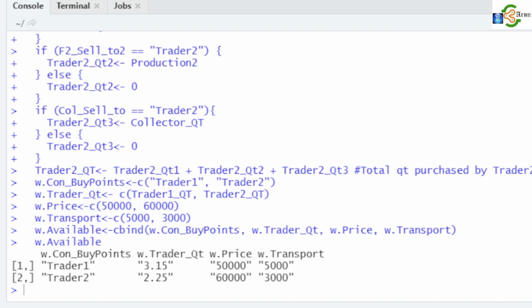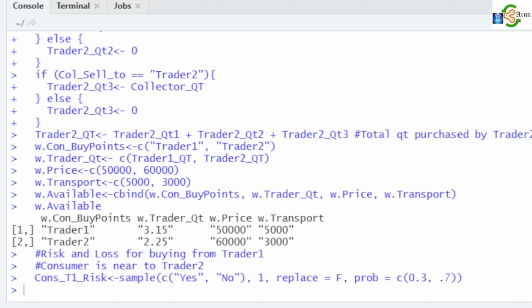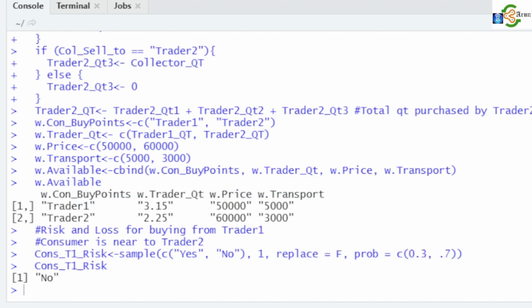Again there is a risk factor for trader 2 as usual, and luckily there is no risk at all at this moment.